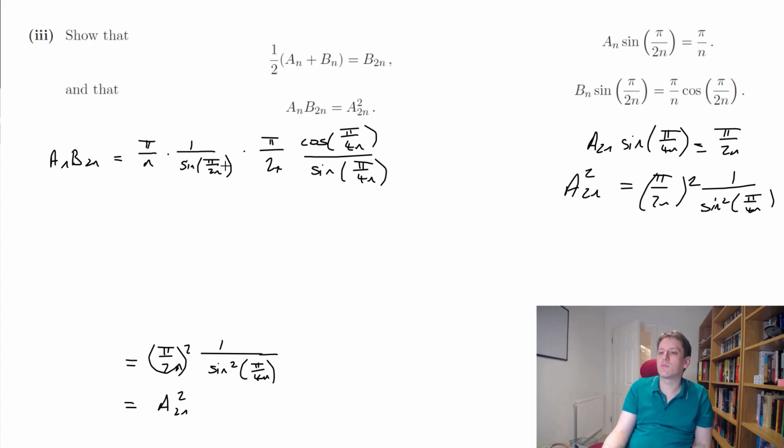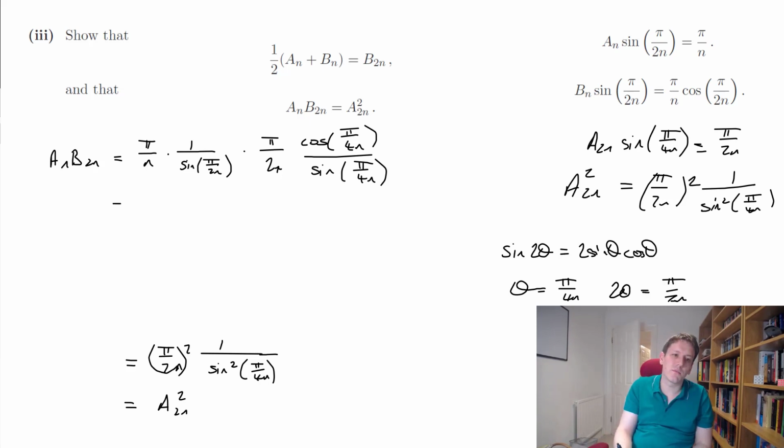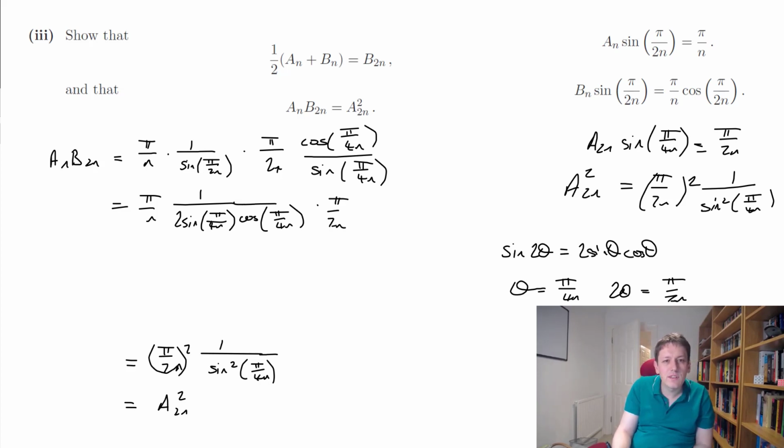In this identity here, I've got sine pi over 2n, so again I want to use sine 2 theta is 2 sine theta cos theta, with theta equals pi over 4n, so 2 theta is pi over 2n, and I can just replace this sine pi over 2n with 1 over 2 sine pi over 4n cos pi over 4n, and then I've still got pi over 2n cos pi over 4n divided by sine pi over 4n, and we can see we get a cancellation of those terms.